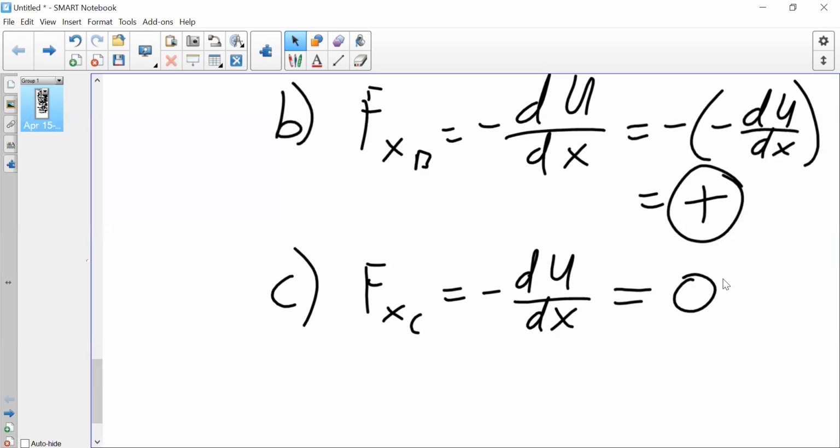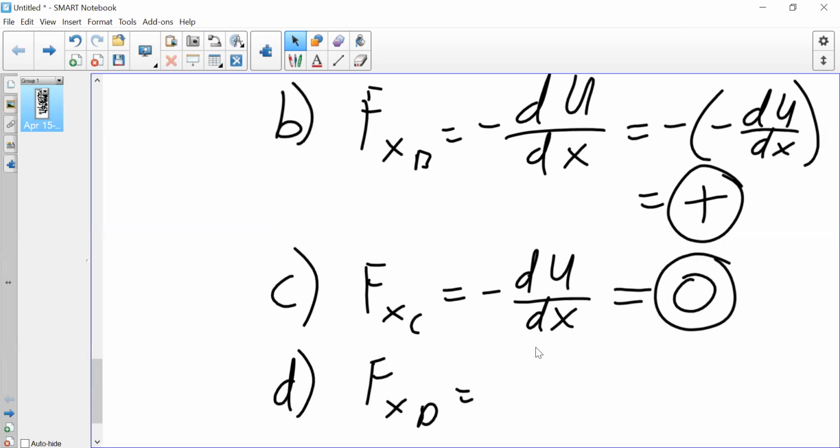So at C it's 0, and then D, what is the force at D? The way to dissect this, if you might be confused, is to take a look at what the slope is at that particular point.